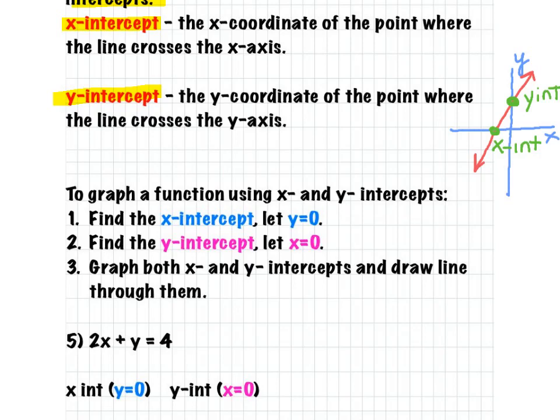Conversely, to find the y-intercept, number 2, you're going to let x equal 0. Once you determine the 2 points, the x-intercept and the y-intercept, step number 3, graph both x and y-intercepts and draw a line through them. Graphing using the x and the y-intercept is easiest when your equation is in standard form.